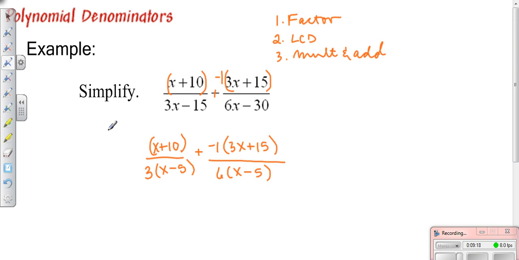So now I need to figure out what is my least common denominator. Well, for this denominator, I need a 3 factor, and I need an x minus 5 factor. When I look at the next one, I need a 6 factor. Well, 6 is really 2 times 3. So if I throw another factor of 2 over here, I now have my 6. I already have an x minus 5 factor. So that is my least common denominator.